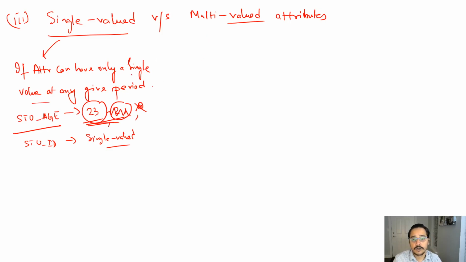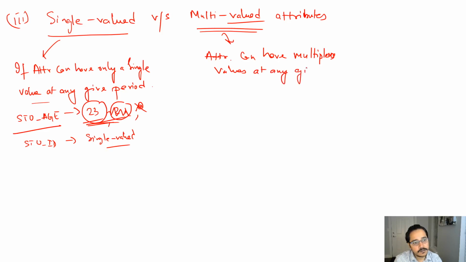Okay, so just going by the definition of single valued, multi-valued will be the exact opposite. That means the attribute can have multiple values at any given time period.